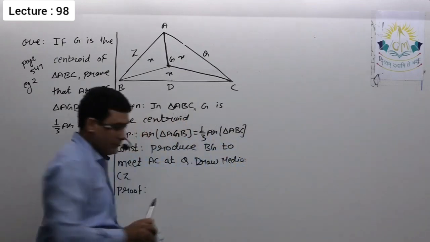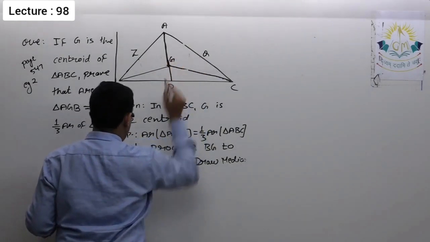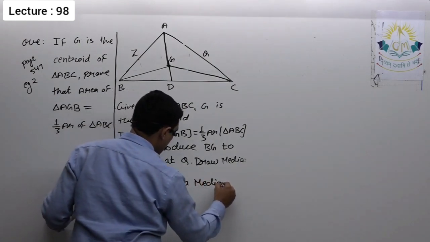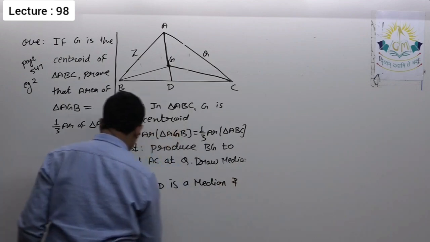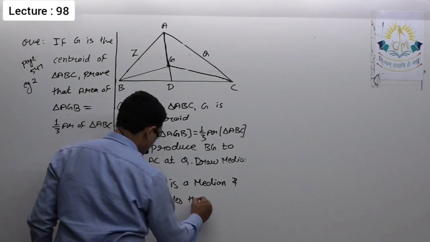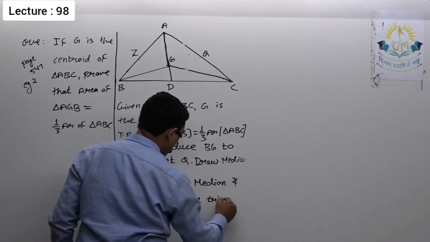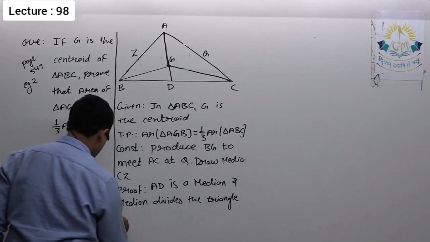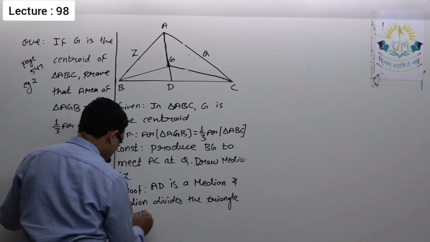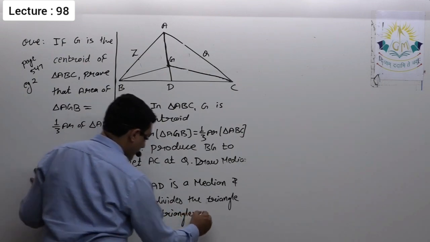Okay, so proof first. AD is a median, and median divides the triangle. AD is a median and median divides the triangle into two triangles of equal area.